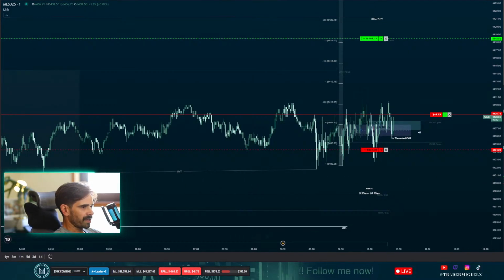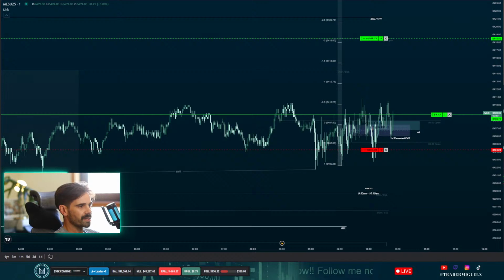Really frustrating here. But yeah, the market, it's not always clean, and these types of conditions are summer price action conditions, and summer price action can be very frustrating.